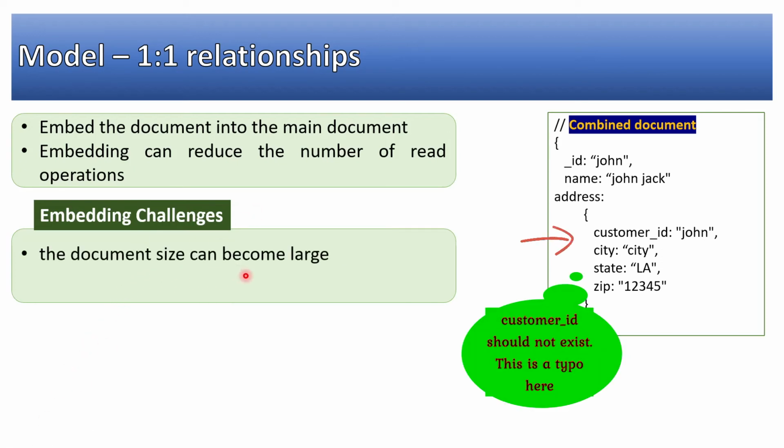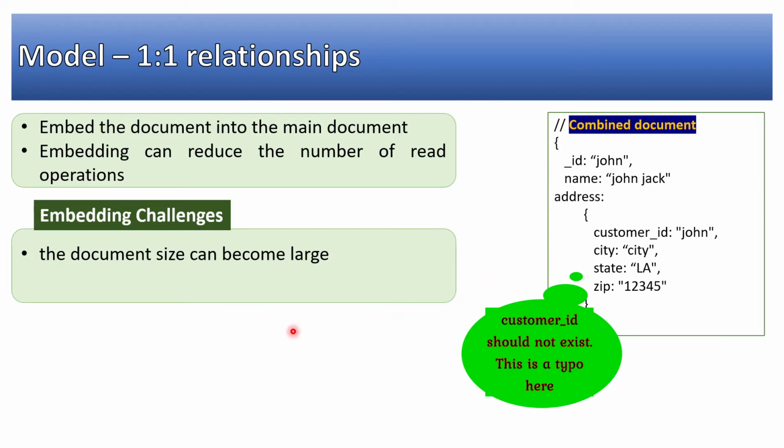The document size can become large, right? It could be so large that it will lead to performance issues. For example, let us say a customer has 3-4 addresses, right? And in some other case a product has multiple reviews or a movie has multiple reviews, right?